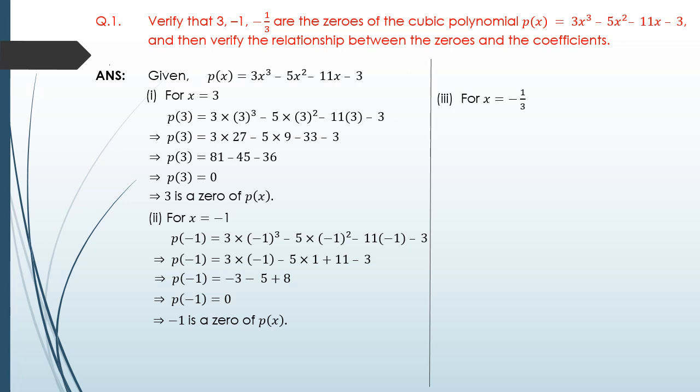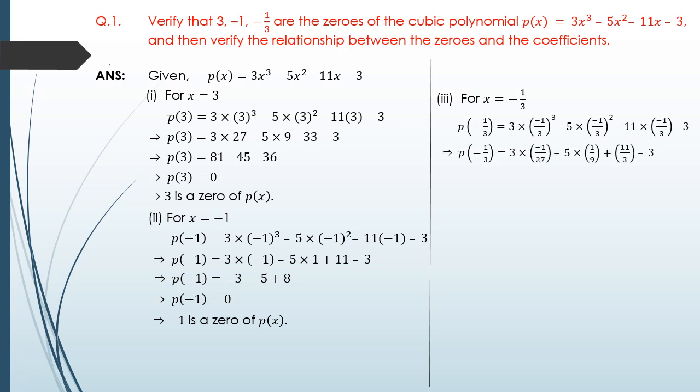Now let us check for the third number. Our third number is -1/3. So we'll put x = -1/3 in the given polynomial. So p(-1/3) is equal to 3 multiplied by (-1/3) cube minus 5 into (-1/3) square minus 11 into (-1/3) minus 3.